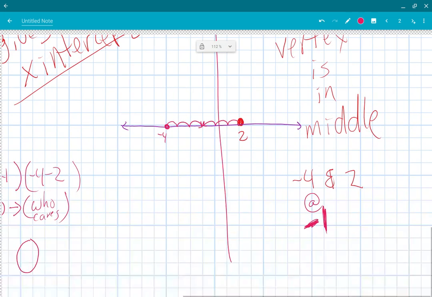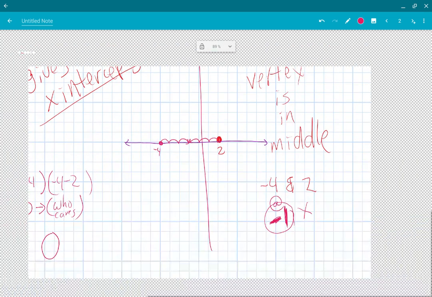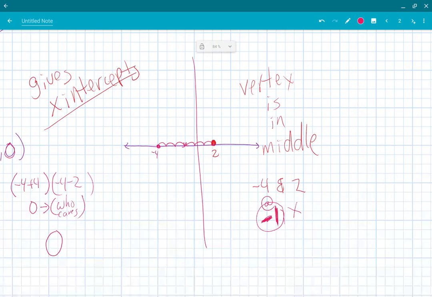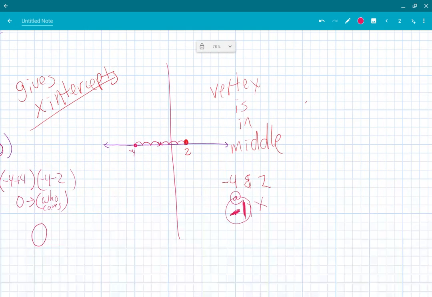All right, so this is the x of the vertex. What do we have to do with inputs? We have to input them. So all of the x's become negative 1. I forgot what the function was. Plus 4? All right, 4 minus 1 is 3, and this is negative 3.